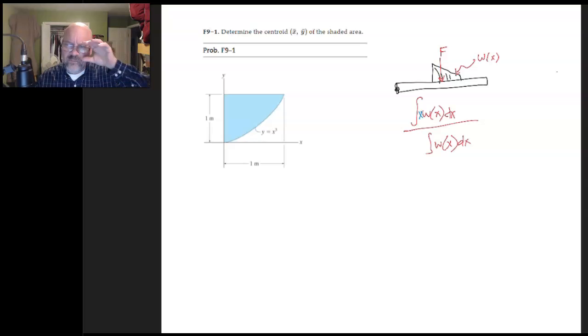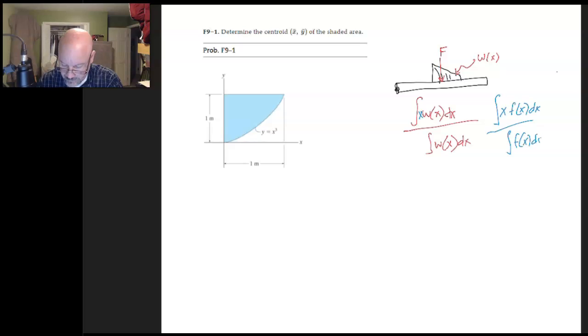Hopefully that rings a bell for you. We're going to do the same kind of thing. So if we do this really generically, we could say we've got the integral of x times some function f(x) dx divided by the integral of f(x) dx. What that does is it gets us the average value for x.